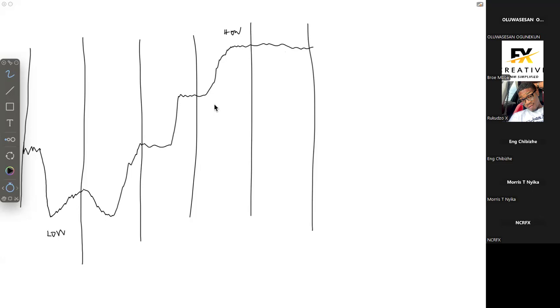Now, what do you expect Monday to do? So this is Friday. This is Monday. This is Sunday. What do you expect Monday to do? You expect Monday to either stop hunt high and then sell. That's Monday next week.